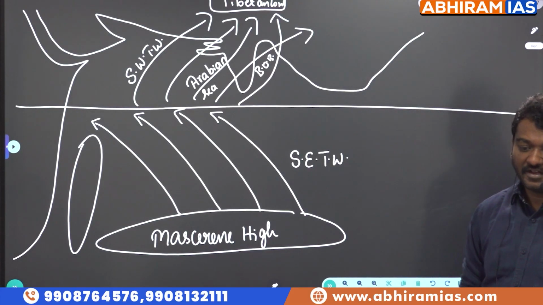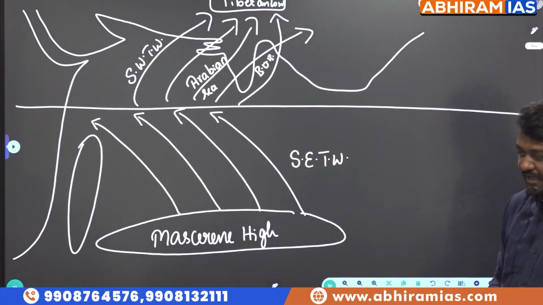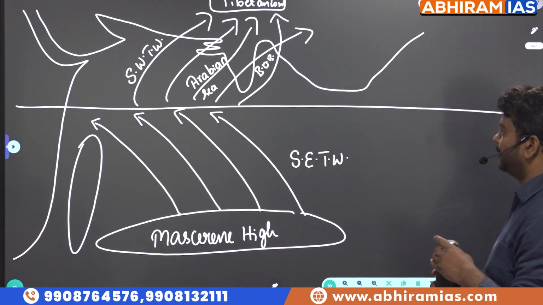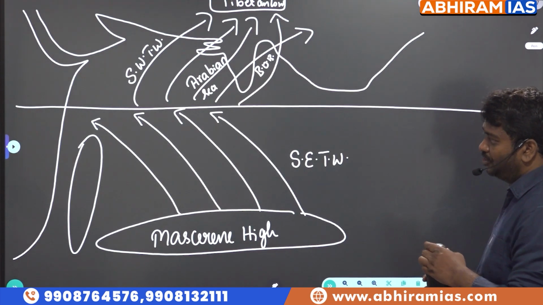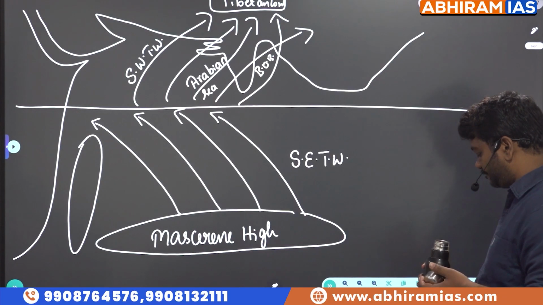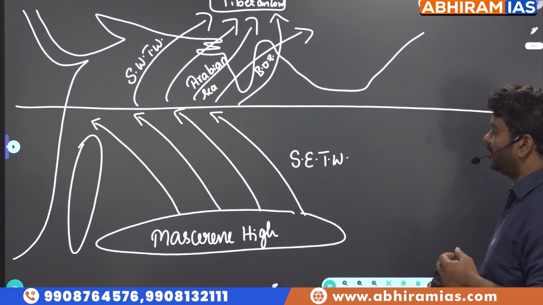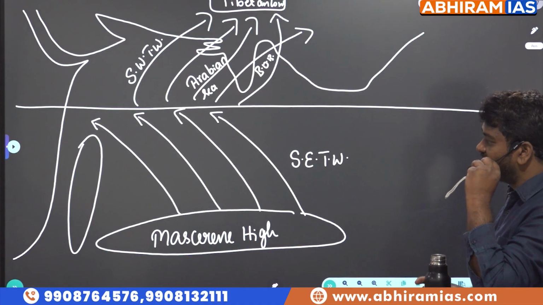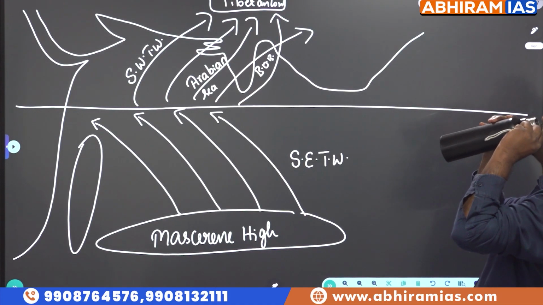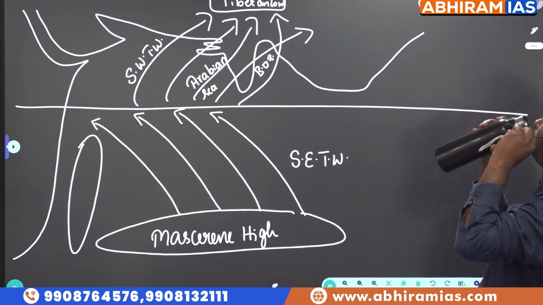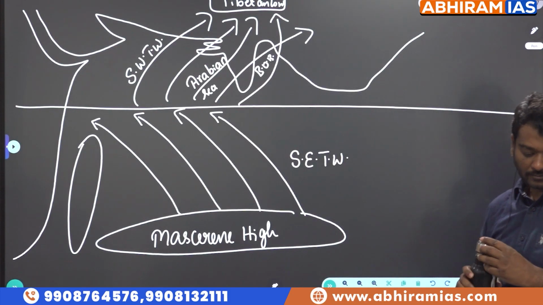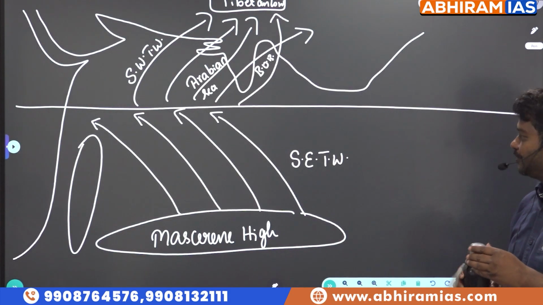From Mascarene high, winds blow towards equator as southeast trade winds.